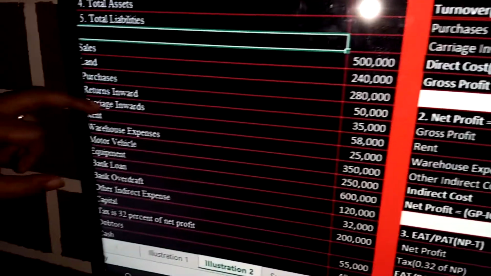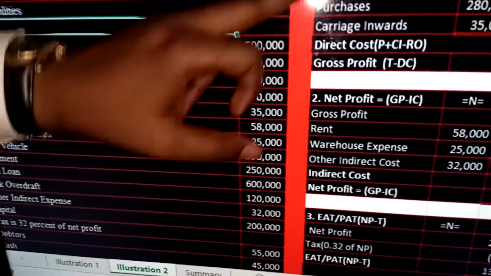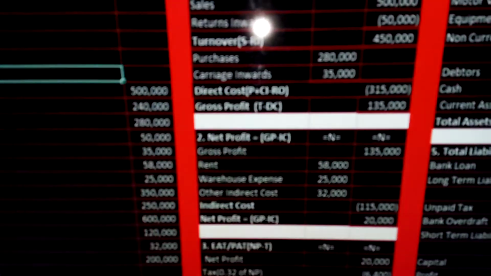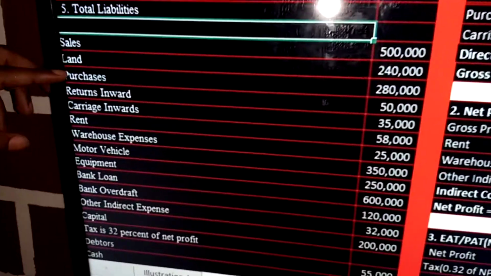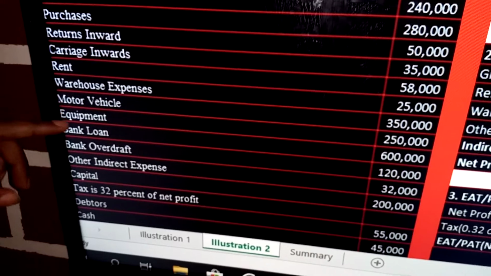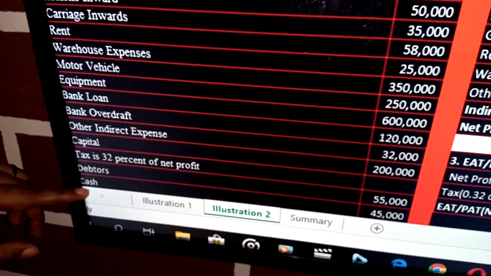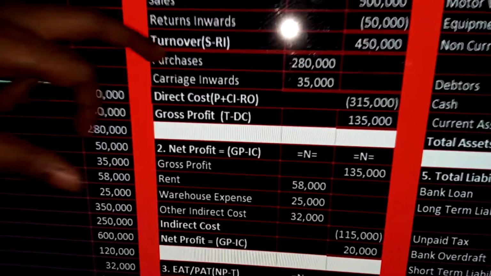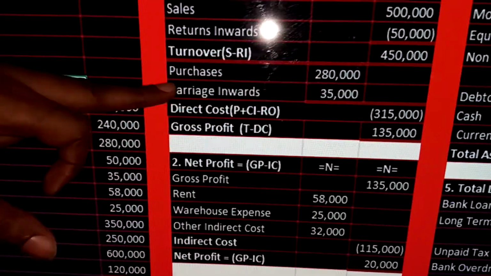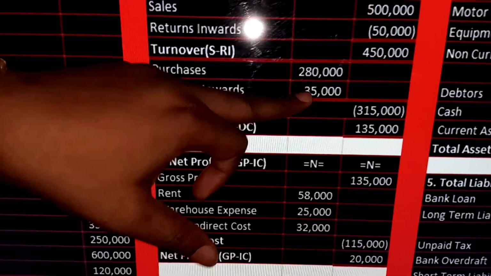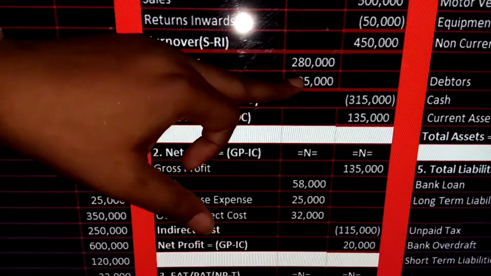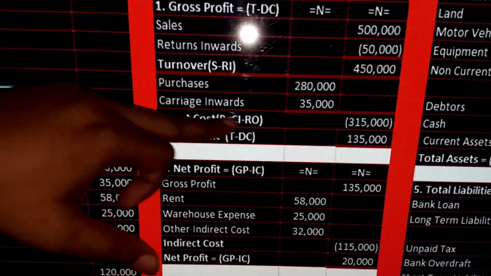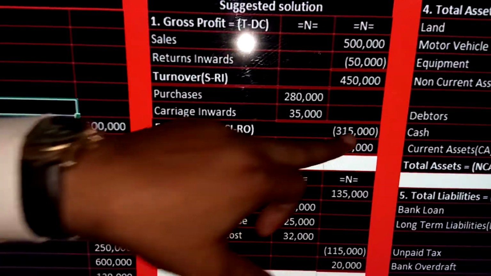What are carriage inwards? Here we have 35,000. Do we have returns outward? Let's check. There is no returns outward. So returns outward is 0. So if you add 280 plus 35, you have 315,000. So your direct cost, which is purchases plus carriage inward minus returns outward, is 315,000.